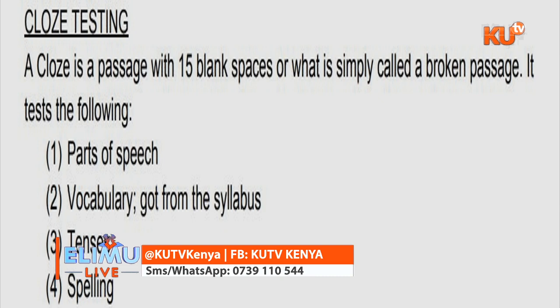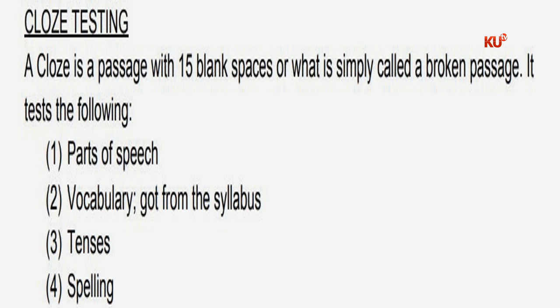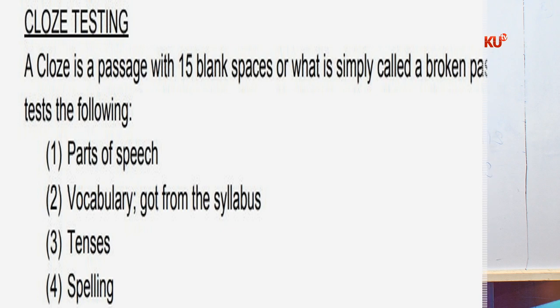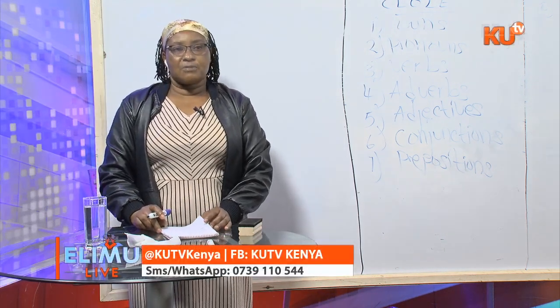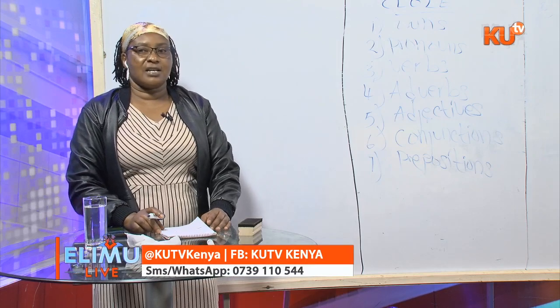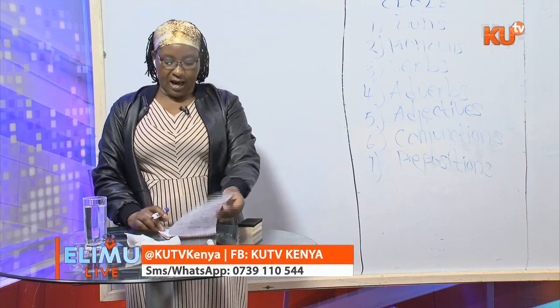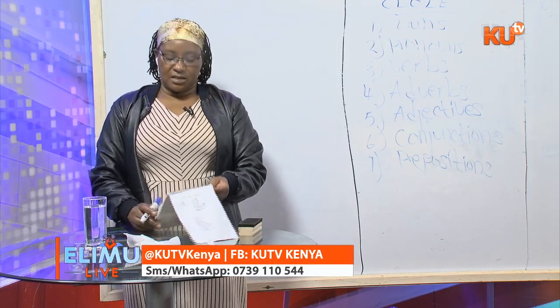So they usually got from the English primary syllabus. Now, the other thing which is tested are the tenses. Then we have spelling. Spellings are tested in the broken passage. And the last part which is tested in the broken passage are the determiners.